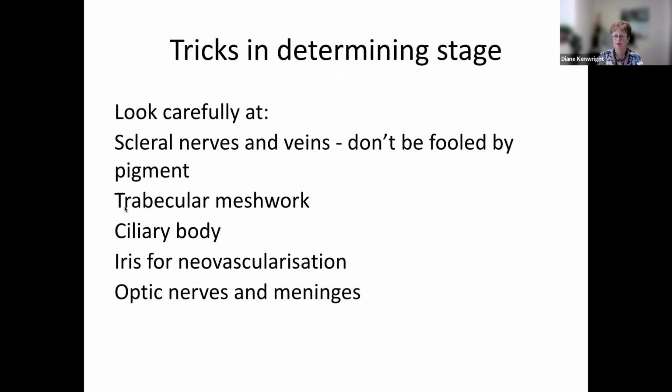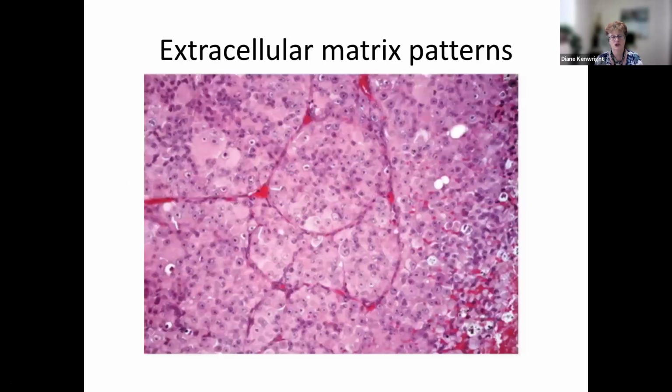Similarly, it can trap pigment, so look for cells. The ciliary body. Look at the iris for neovascularization. I'm going to spend some time on this next week, but that neovascularization can be a secondary effect of melanoma. And look very carefully at the optic nerves and meninges. These will all influence the stage of the tumor.